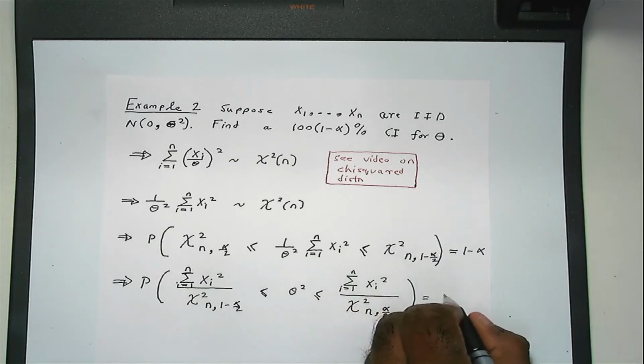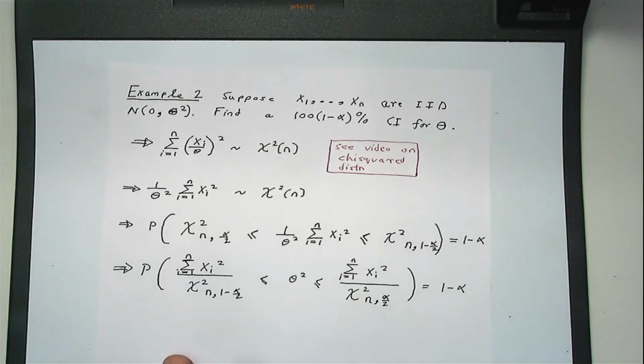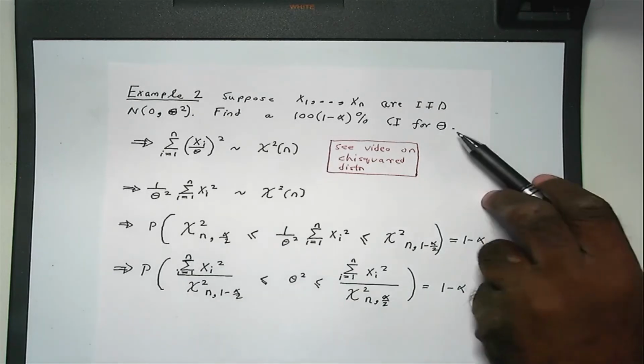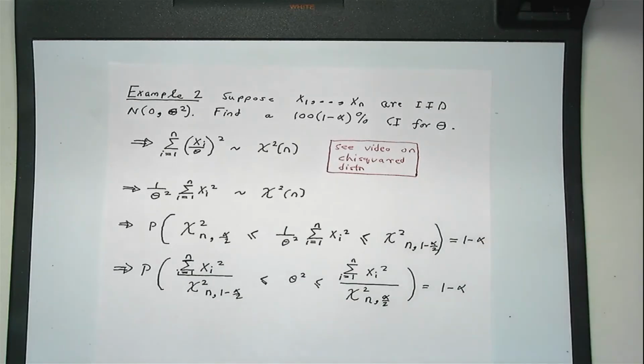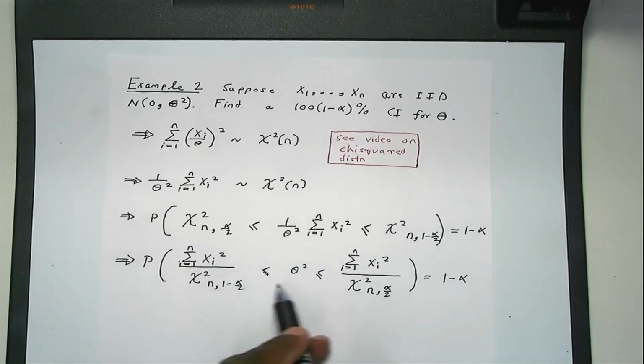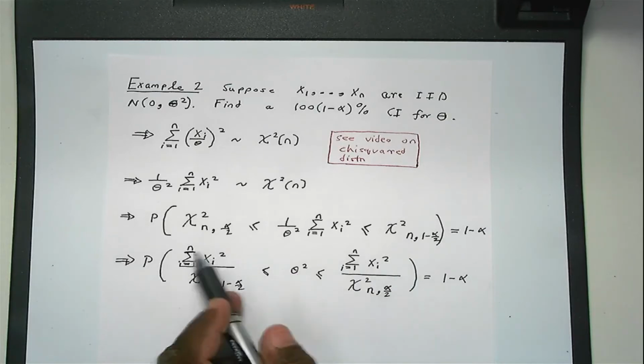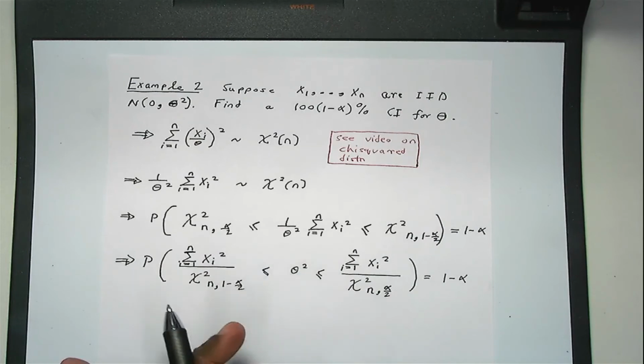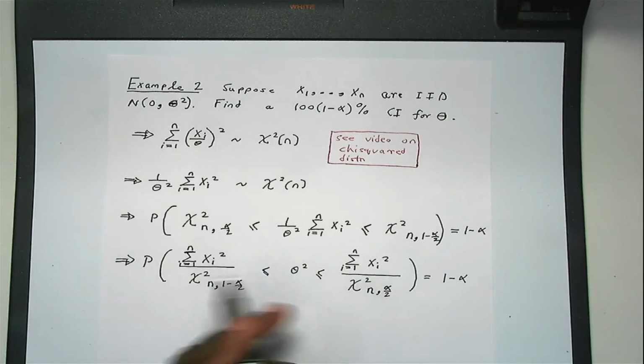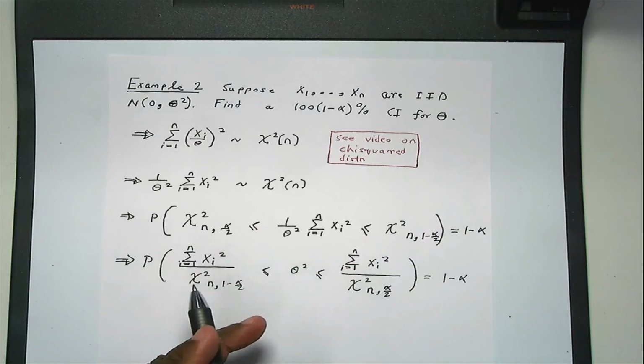Now the question is to find a confidence interval for theta, not theta squared. So that means we need to take the square root. Because theta squared represents variance, theta represents standard deviation. When you take this square root, you can have two roots, plus or minus. The minus root is invalid because standard deviation cannot be negative.